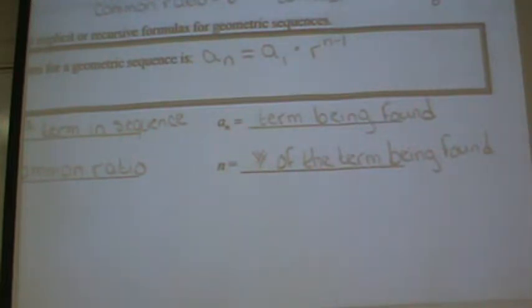So again, if we're looking for the 100th term, it's just 100 terms in, is what that's telling us. It's basically a placement. It's telling us which number we should be looking at. Is that clear? These can get confusing, so I want to make sure that you're clear. If you have questions, ask now. It's better to ask now than later.